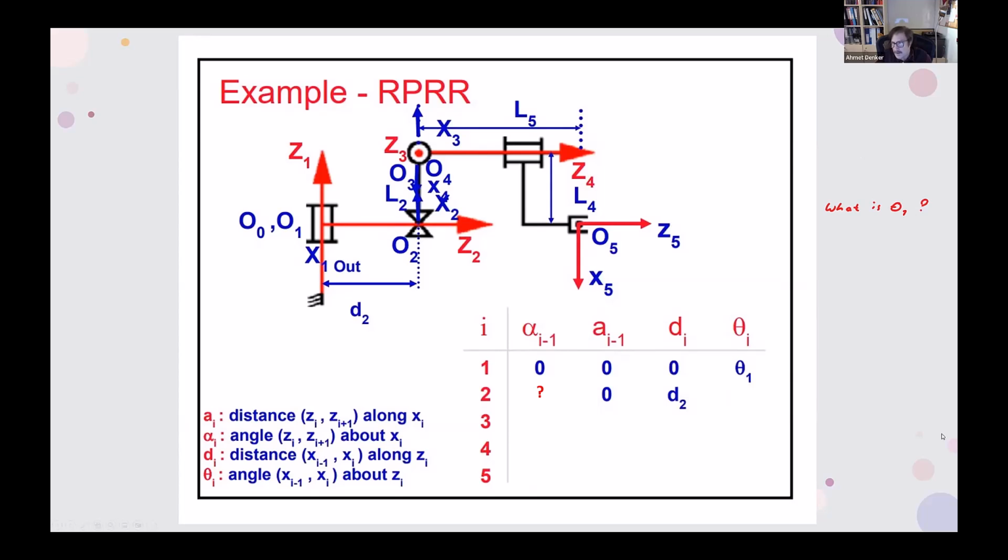Maybe I'm going to minimize this now to see the right hand. So what is theta 1? Let us first answer this question. Can anybody answer what theta 1 is?